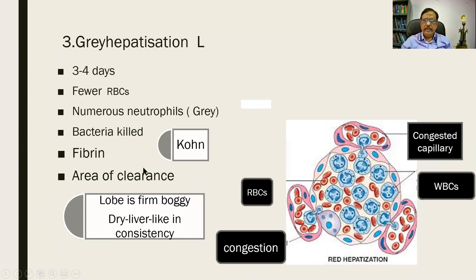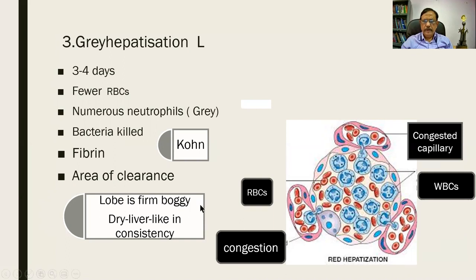You find that there will be an area of clearance around it. So this is the inflammatory infiltrate, and there will be fibrin production. Because of that, there will be contraction, and the alveolar space will show a peripheral area of clearance. The inflammation spreads from one alveolus to another along with the infection through the pores of Kohn.